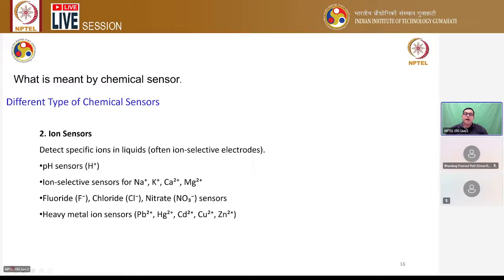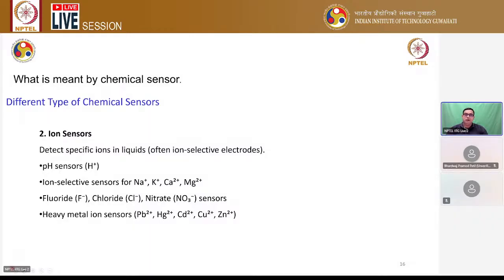Then you can have ion selective sensors for detection of, say, sodium, potassium, calcium, etc. Similarly, you have sensors for detection of fluoride, chloride, nitrates, etc. Similarly, for heavy metal ions, you have lead detectors, mercury detectors, cadmium detectors.